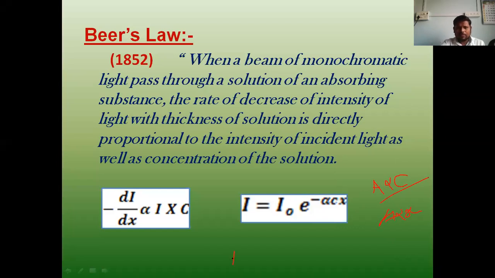Absorption is equal to log of I0 upon I, which is equal to the molar extinction coefficient times concentration times thickness. By using these three equations, we are going to solve some numericals on this concept.